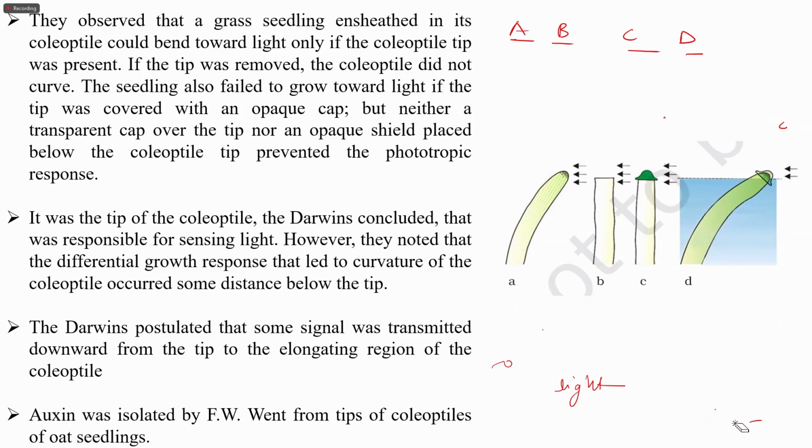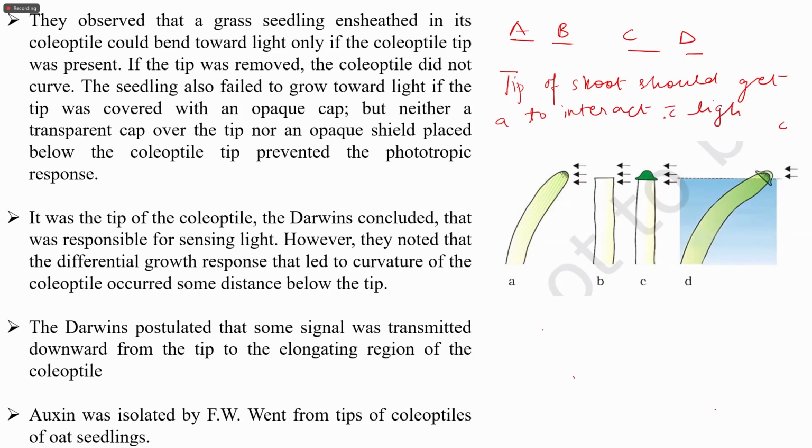The question may ask that you have to clearly observe, in such phototropic experiments performed by Charles Darwin and his son Francis, that the tip of the shoot should get a chance to interact with light.